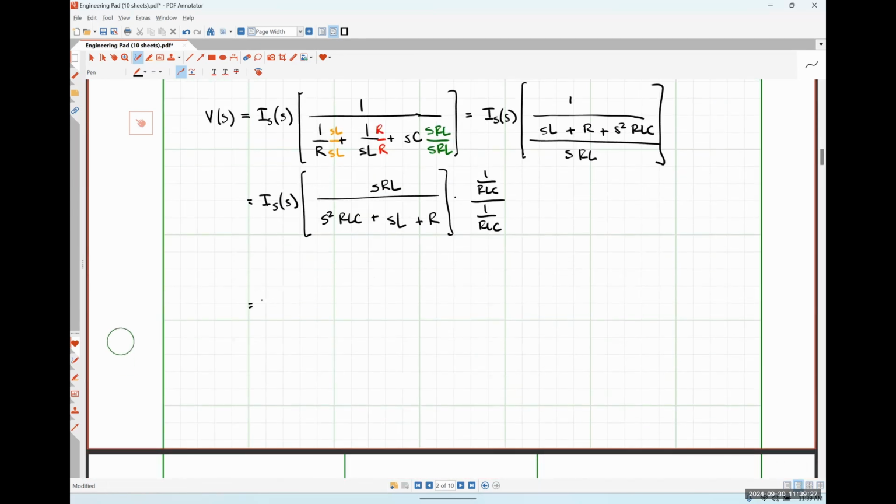And so that's going to give me IS of S times an S over C in my numerator, over S squared plus S times a factor of 1 over RC plus a 1 over LC down here.